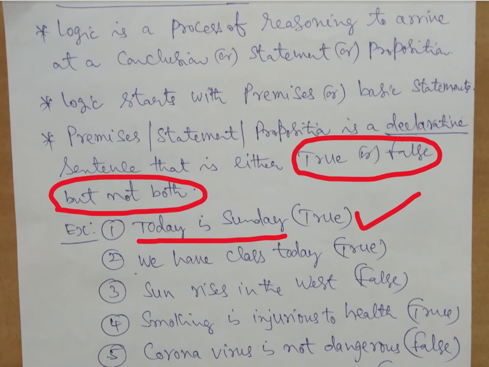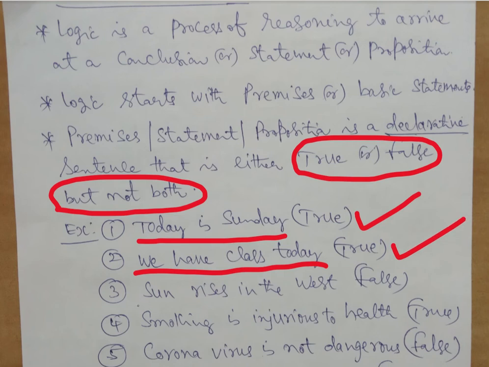Next statement: we have a class today. If we have a class today in the given time, we say it is true. If the class is not there, then I will say it is false. So I can attach either true or false; I cannot say both. So this is a proposition.